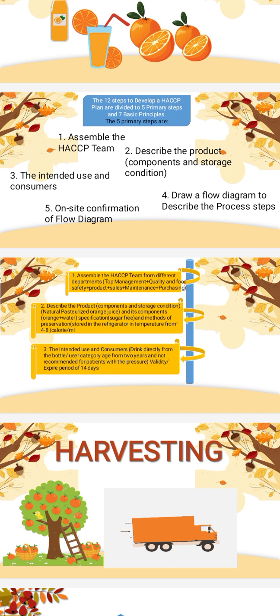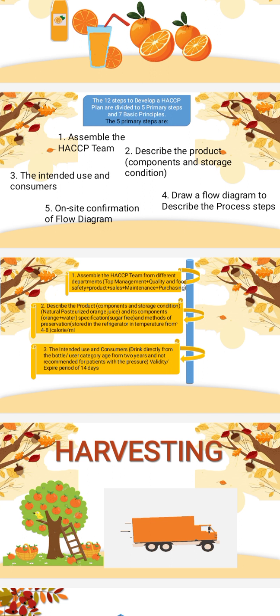This is an example. There is any medical precaution on the label of the product and the expiration period from 14 to 15 days. Number 2 and number 3 in the HACCP plan: many of the data are written on the label of the product.